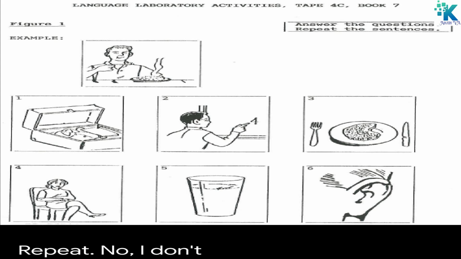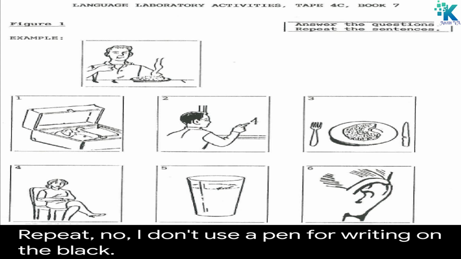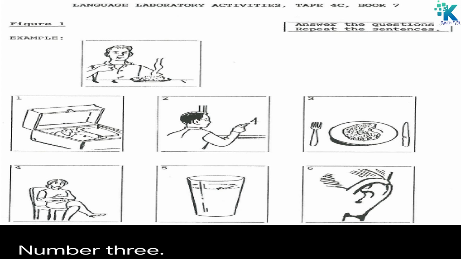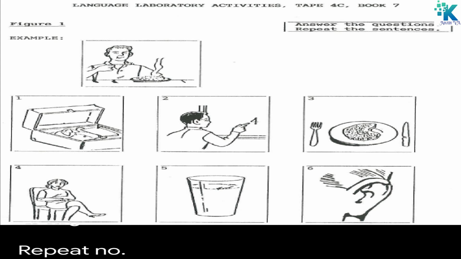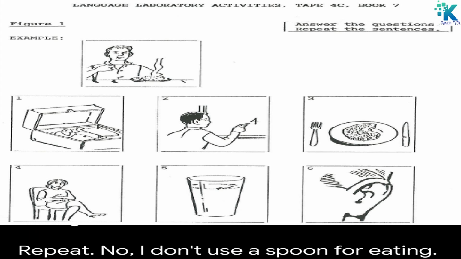Repeat. No, I don't use a pen for writing on the blackboard. Number 3. Do you use a spoon for eating meat? Repeat. No, I don't use a spoon for eating meat.